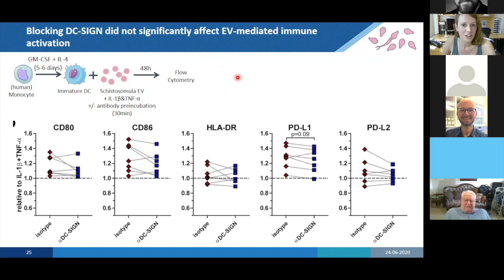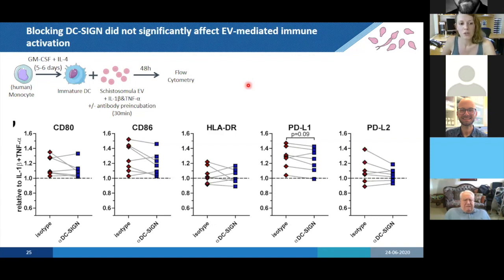Also for the cell markers, we didn't get any significant changes when we blocked DC-SIGN. So we were wondering, okay, what's happening there? Are the EVs maybe taken up anyway, or is the blockage not successful?